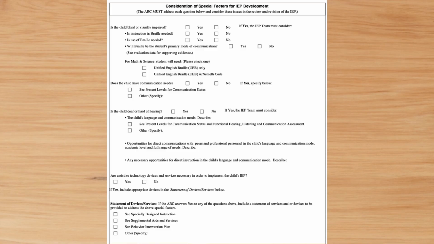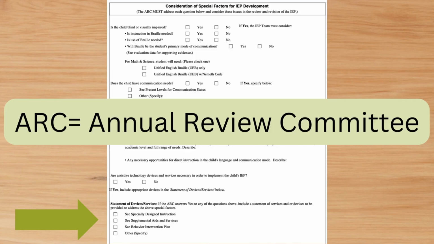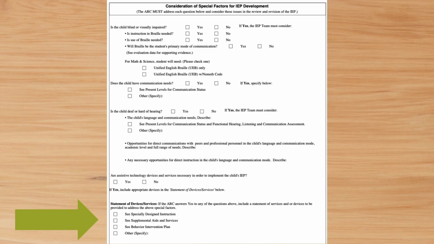And then there's a section that says Statement of Devices and Services. If the ARC, which is the Annual Review Committee, that's the committee that meets to talk about the IEP, if they answer yes to any of the questions above, then they need to have a statement of services or devices to be provided.